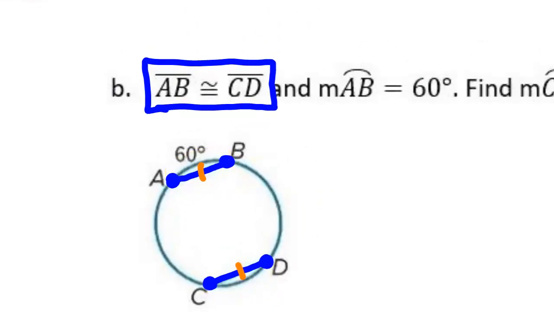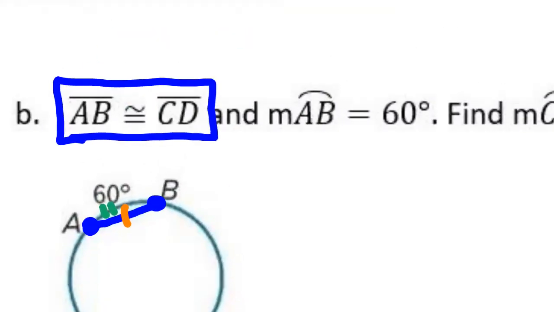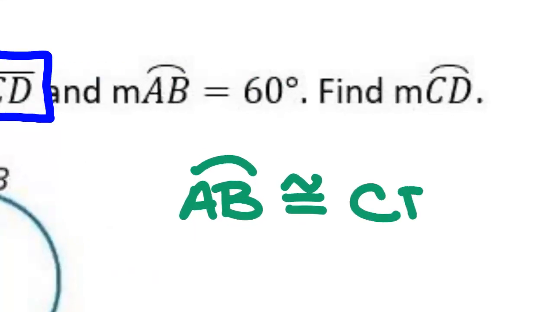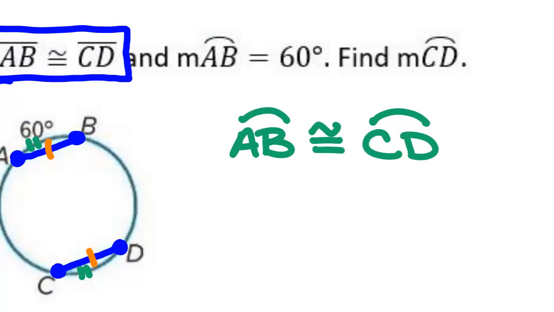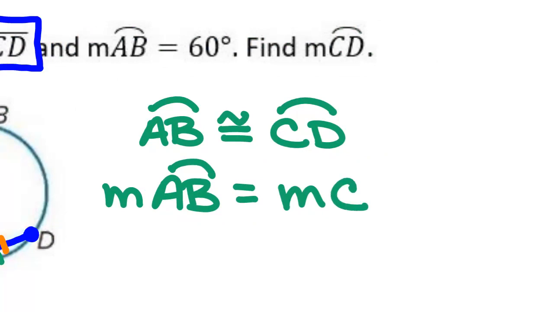They are the same size, yes. So arc AB is congruent to arc CD. So that means the measurement of arc AB is equal to the measurement of arc CD.